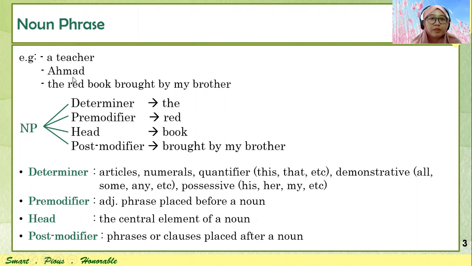So for example, this one only has one head. And this one, a teacher, only has one determiner and one head. But how about this one? So this one has the determiner, the, and then a pre-modifier, red.